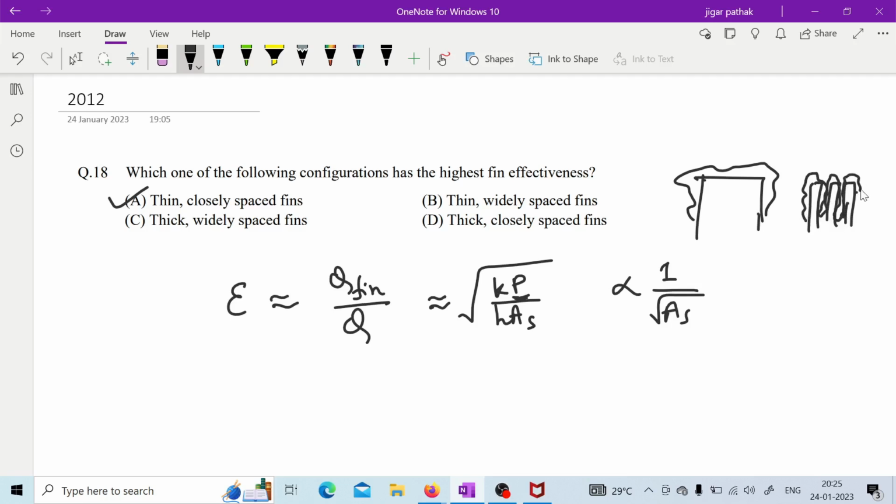So perimeter will be more in the case of thin in comparison with thick. That is why thin and closely spaced fins is correct. Are you getting it? Yes, sir.